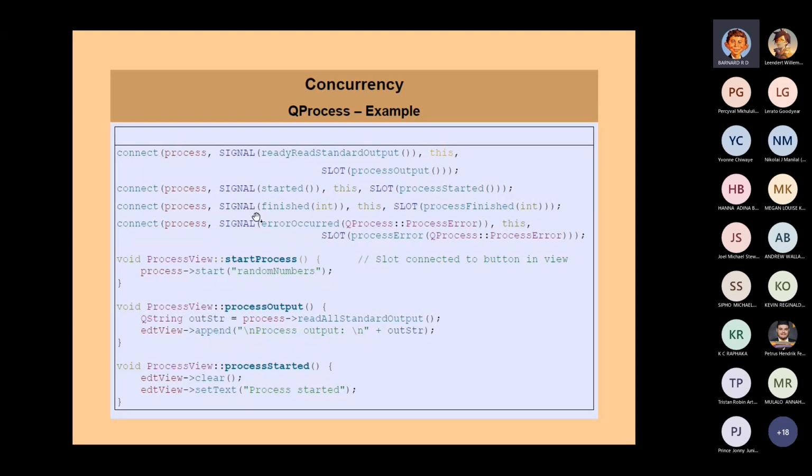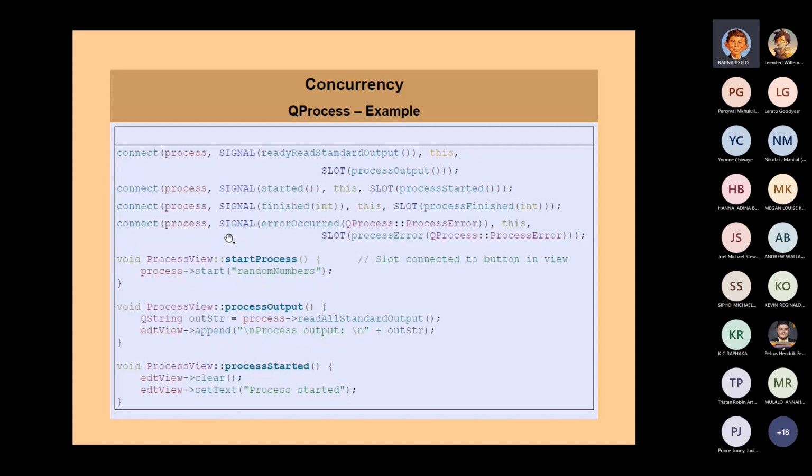You can connect your process finished signal, and you can give it an integer argument, which you can use for error status and things. And then you can have a slot called processFinished to do some kind of handling, depending on what the value of that integer is.